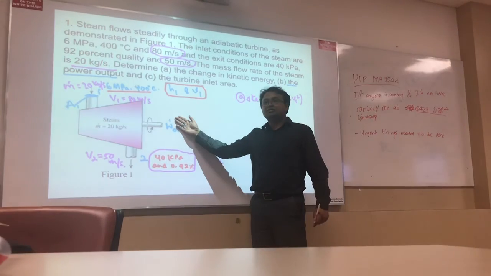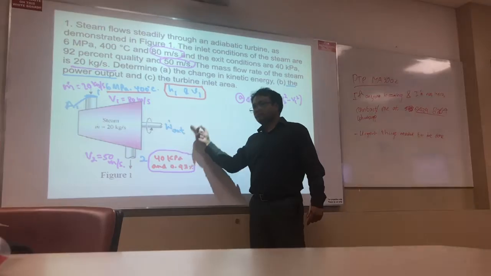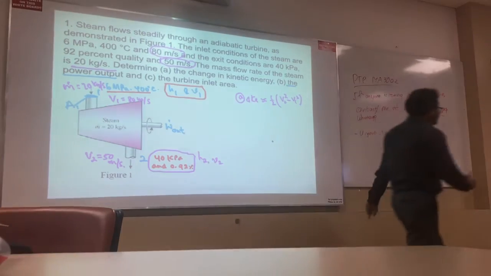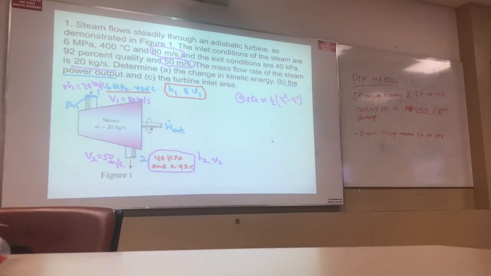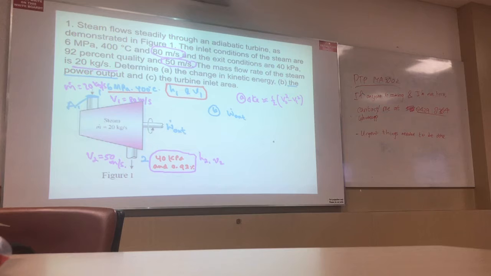By the energy balance. Energy balance tells me this number. So B, W dot out, you can get from energy balance. I will show you later. This is the concept, right?